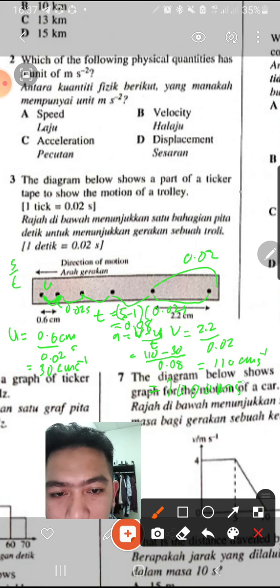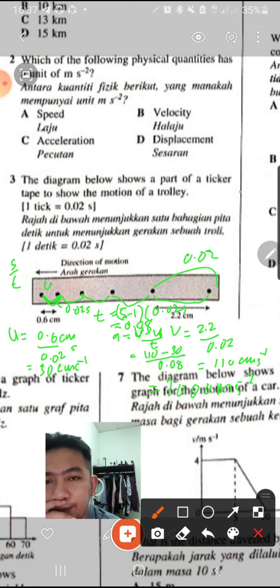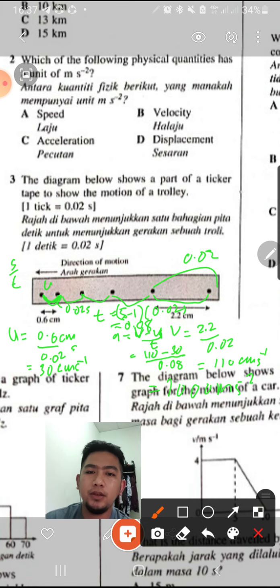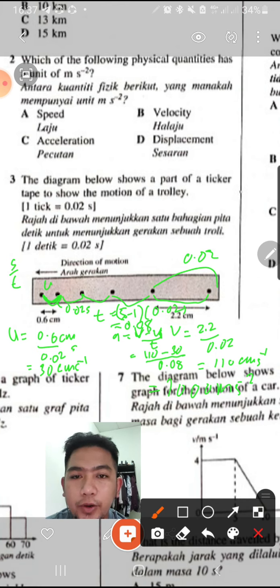So meter per second square. Alright, mesti you akan tanya, because most of you jawab dia punya time sana ialah 0.1. Teacher, kenapa mesti 5 minus 1? Dan kenapa mesti 0.08 bukan 0.1?